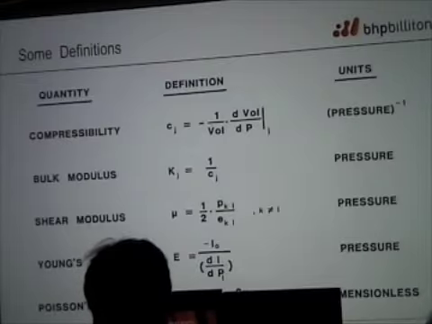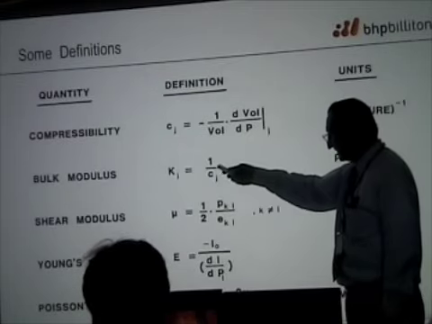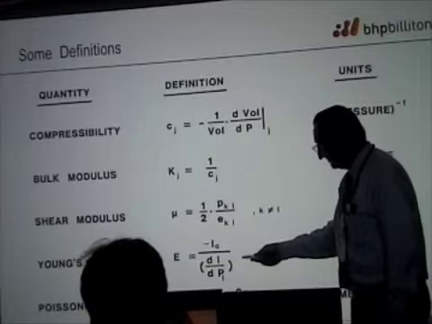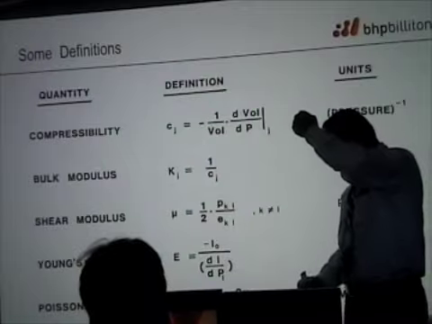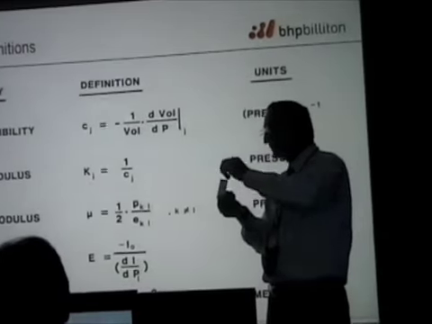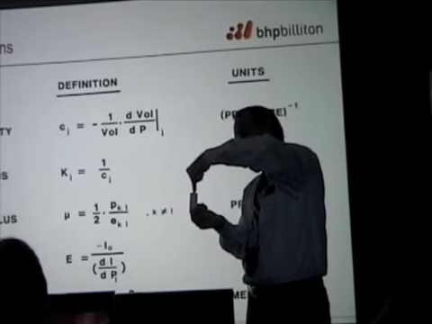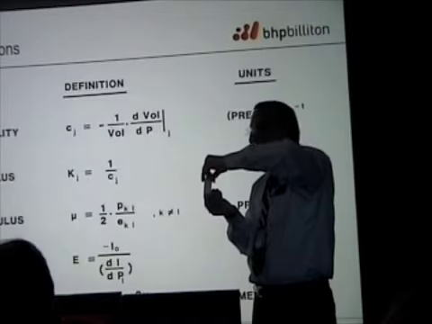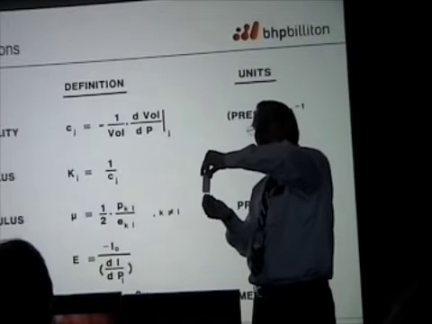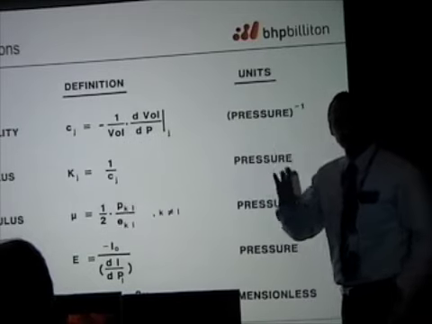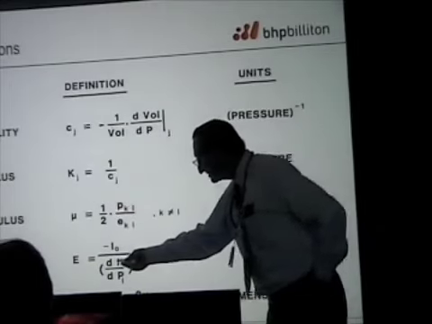Okay, Young's modulus is very much like this, except that it's the same direction. So now I wrote it differently, and again we've got the minus to make it positive. If I squeeze on an elastic body, let's say this thing, with a one-dimensional stress, not isostatic, in the direction of the length of the body and measure the fractional change in the length of the body, that gives me the Young's modulus.